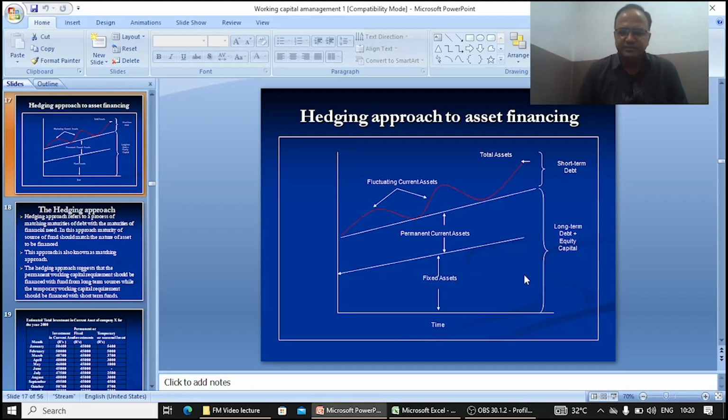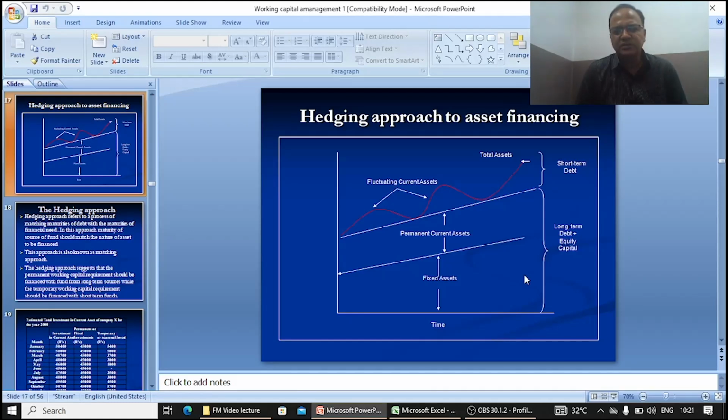This is a chart. In the chart, it's very much clear that according to the hedging approach, asset financing should be done this way. Long-term debt and equity capital should be used for financing of fixed assets and permanent current assets.